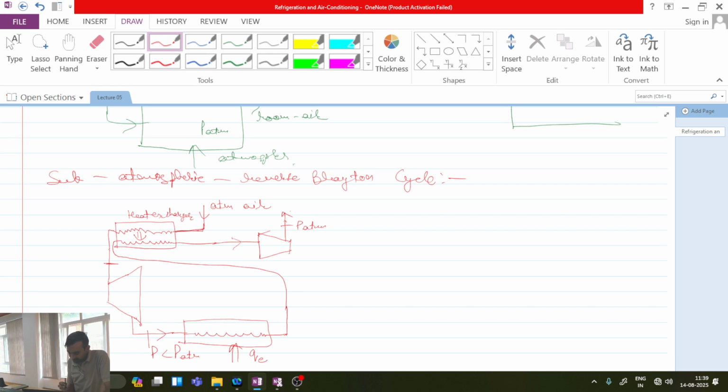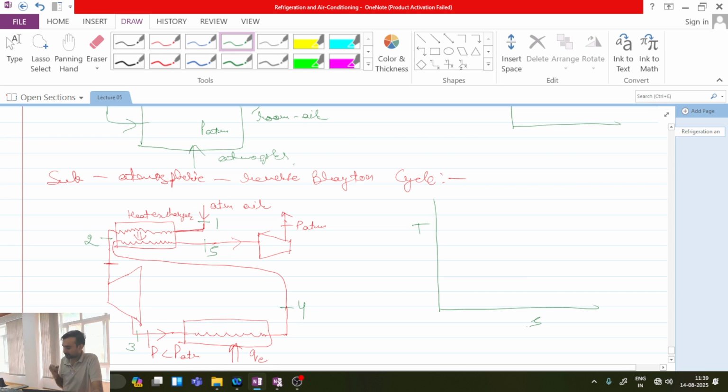So here you can see ambient air has entered at point 1, it has cooled to point 2 at atmospheric pressure, then its pressure has decreased to point 3, partly it has gained heat in the refrigerated space heat exchanger, and partly heat gain is in this heat exchanger, and then it is again dumped to ambient. What will be the TS diagram for this?